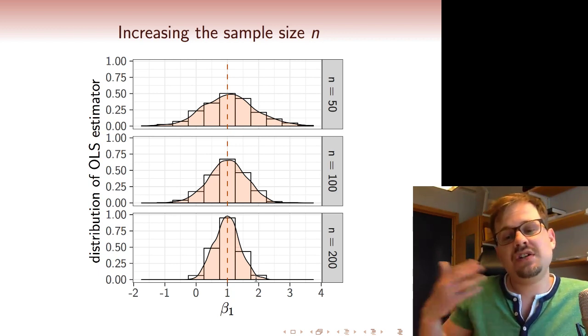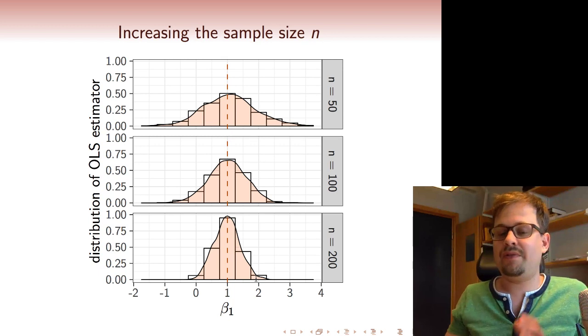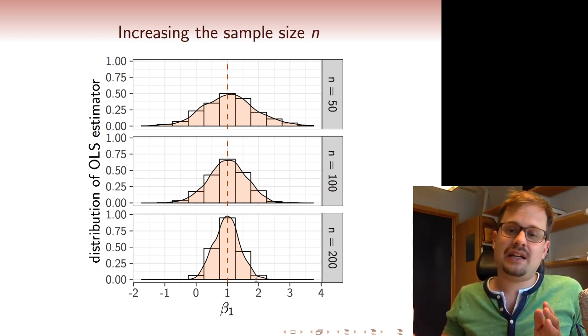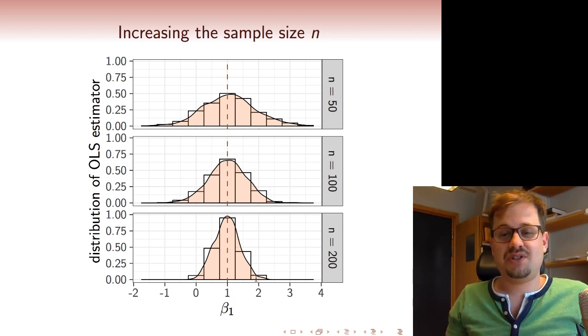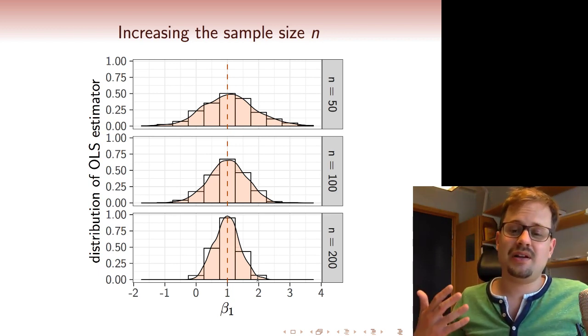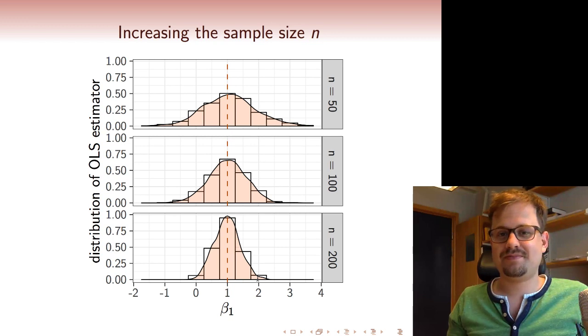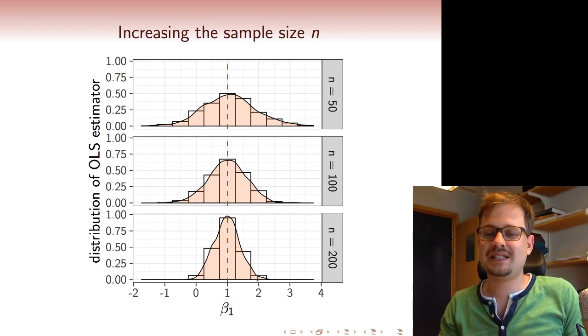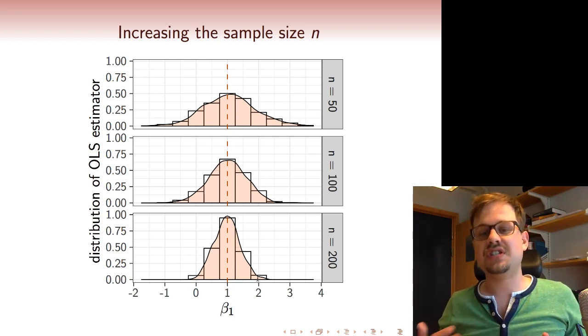And so we could continue like this, and we would see more of that happening: the distribution concentrating more and more around the true value as we draw larger samples. And this is also a general property of the OLS estimator, and it's called consistency.